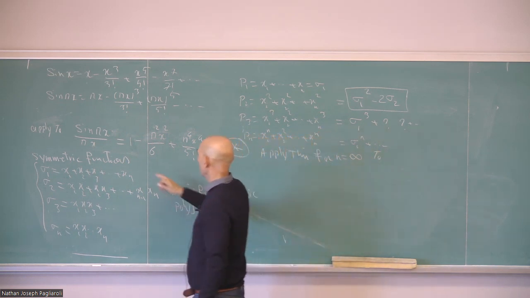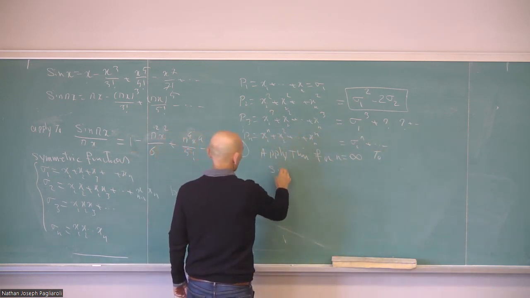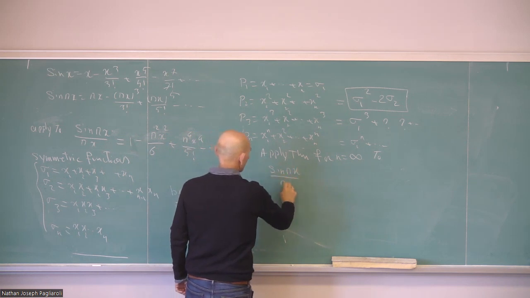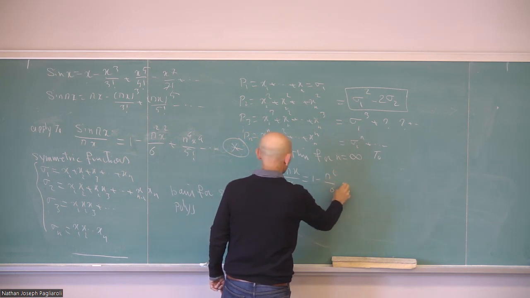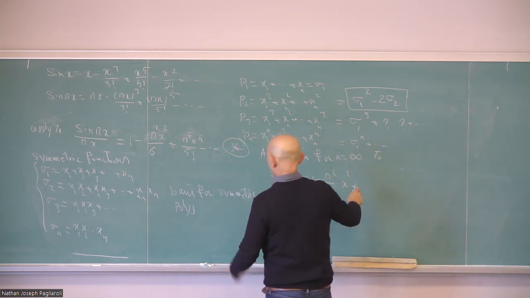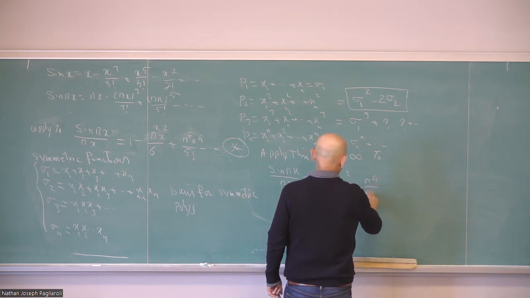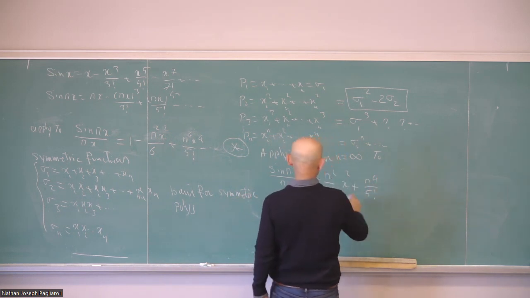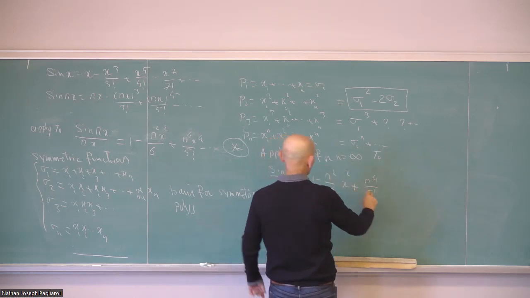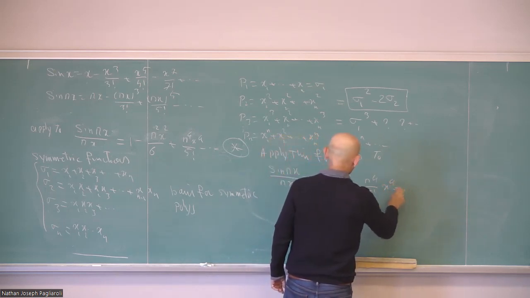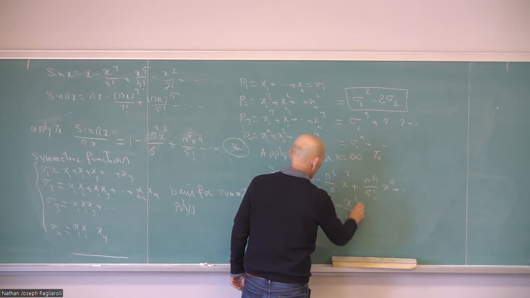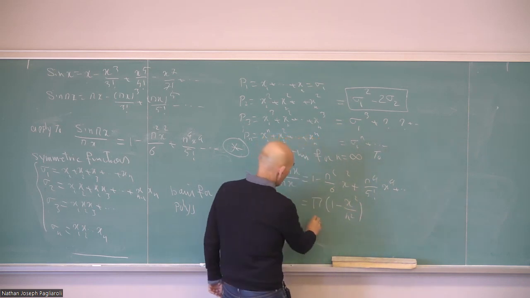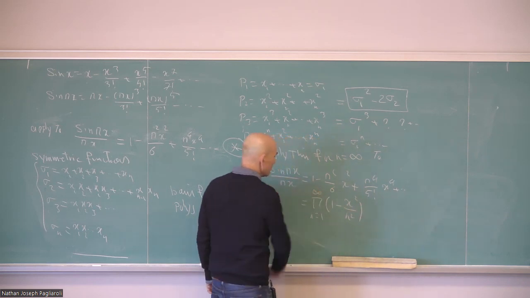It says 1 minus pi squared over 6 x squared plus pi to the 4 over 5 factorial x to the 4, and so on, which equals the product of 1 minus x squared over n squared, n from 1 to infinity.